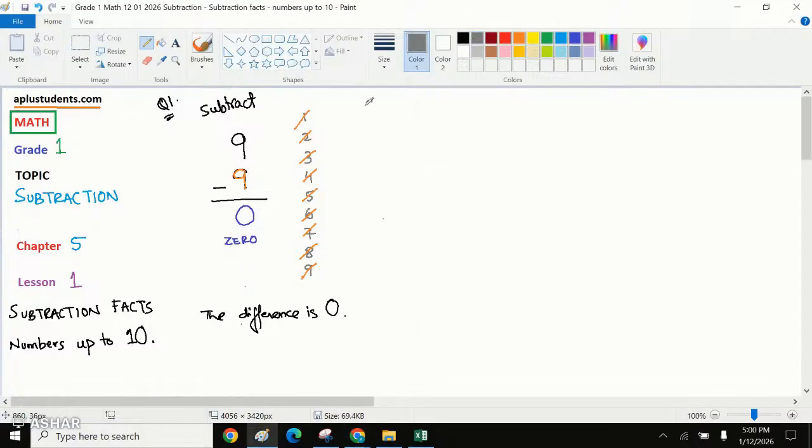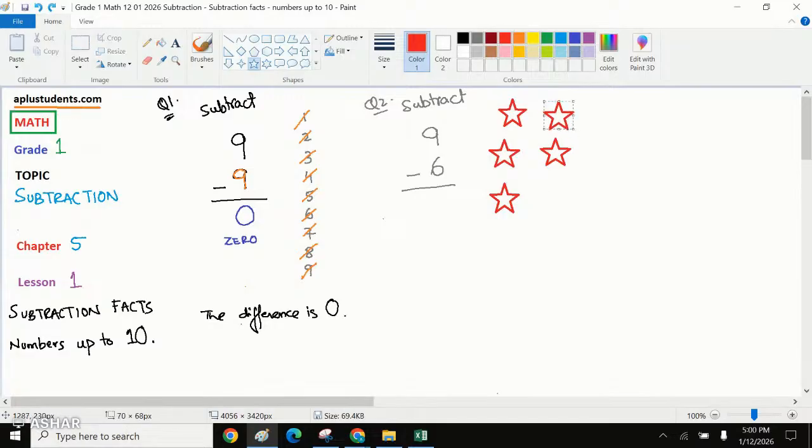For question number 2, it says subtract 9 minus 6. So let's suppose we have 9 stars. Let's make this 1, 2, 3, 4, and 5, 6, 7, 8, and 9.